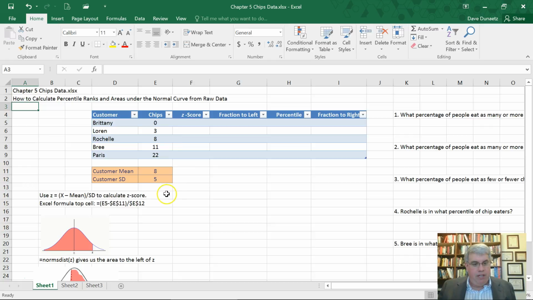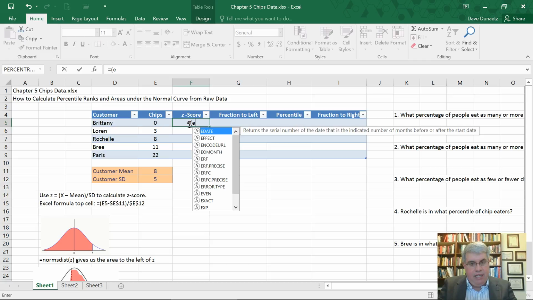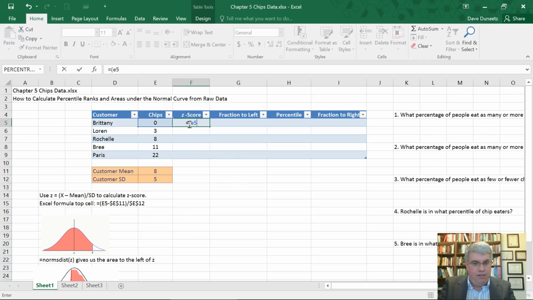Well, the first thing we want to do is calculate a z-score. So we're going to use our formula for z, equals x minus the mean divided by the standard deviation. Here we're going to type in the second column for z-score. We're going to do equals, open parentheses, and E5 is our value.